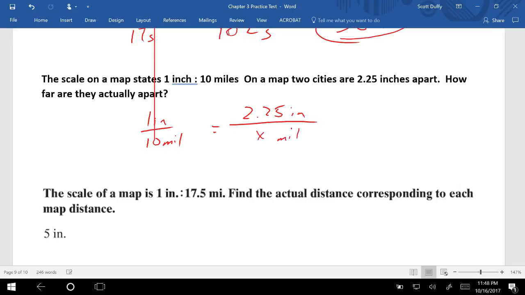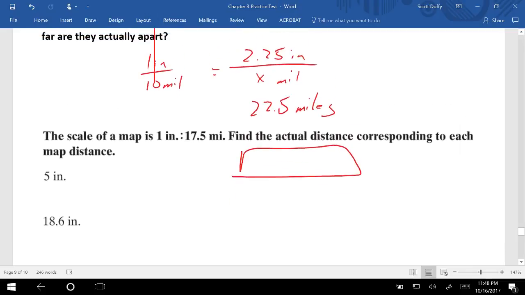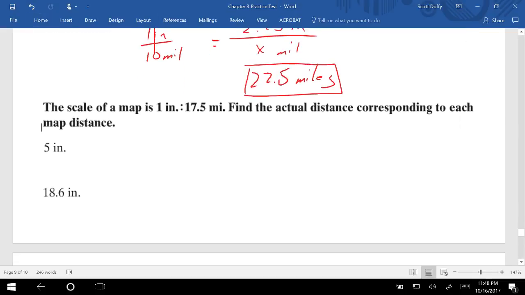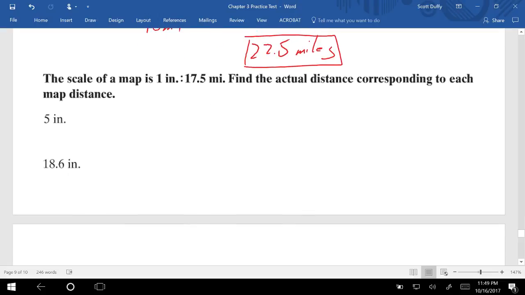Cross multiply and divide. 10 times 2.25, and you get 22.5. Find the actual distance corresponding, do this the same exact way.